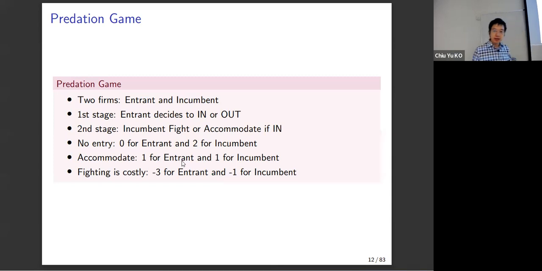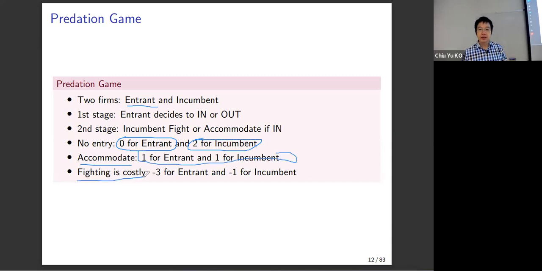And I have to define the payoffs very carefully. If the entrant decides first, if not entering, the payoff is 0, okay? And the incumbent's payoff would be 2, right? Because he enjoys the market profit, okay? If the entrant enters and they peacefully accommodate, they share the $2 there, okay?